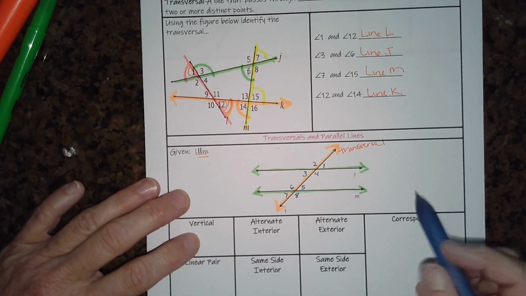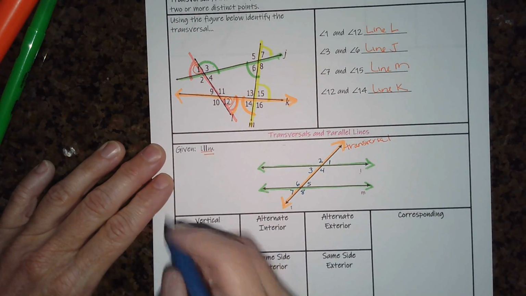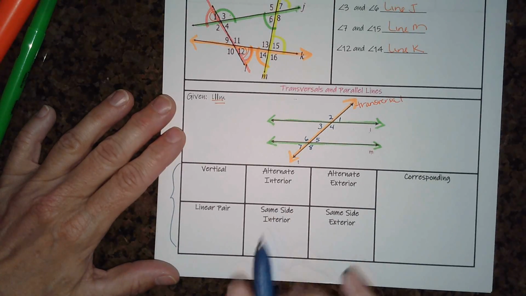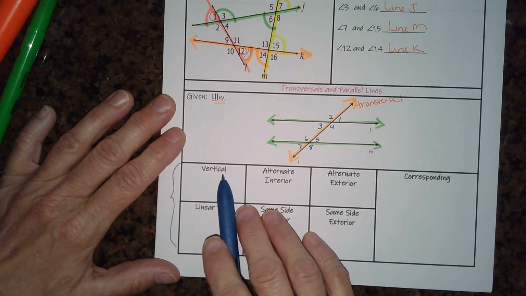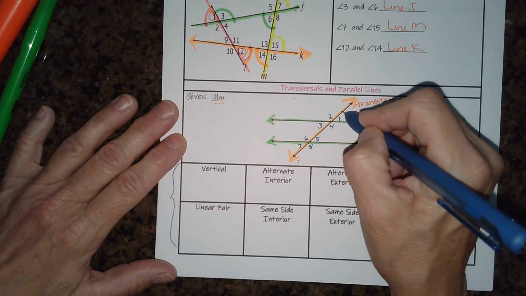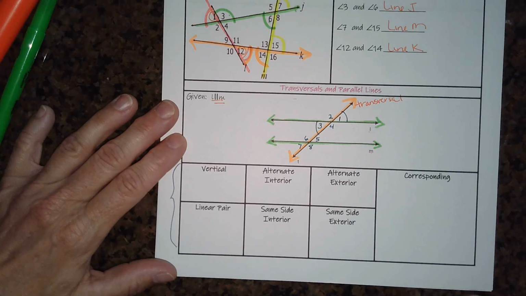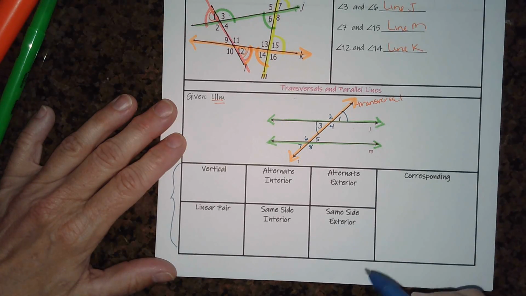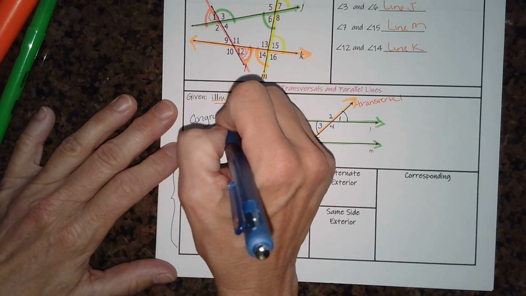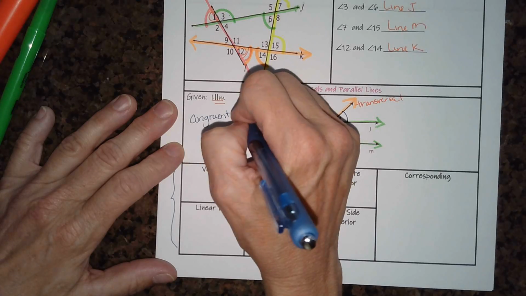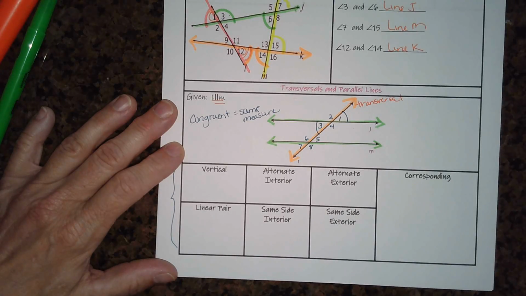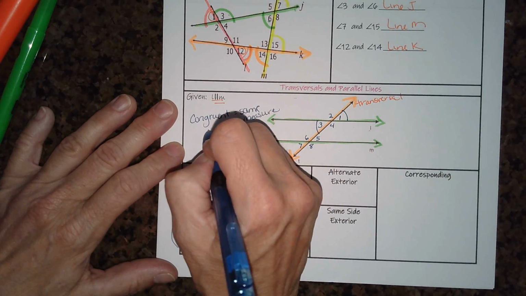So let's talk about vertical angles. Vertical angles and linear pairs we've talked about before. So let's talk about a pair of vertical angles. Angle 1 and angle 3 are vertical, and vertical angles are congruent. Now, here's something to remember. Congruent means same measure, and the symbol that we use is the equal to symbol with a little squiggly on top.